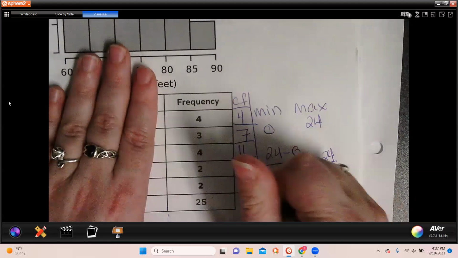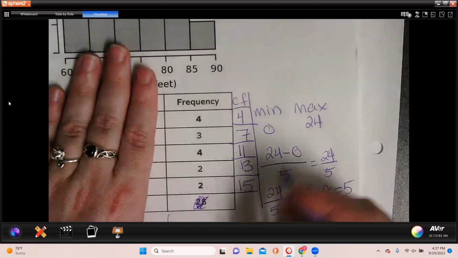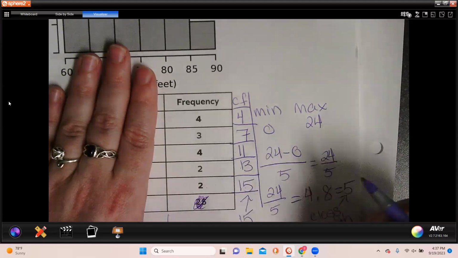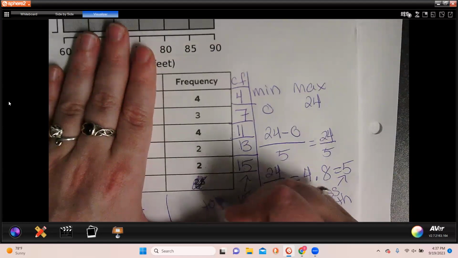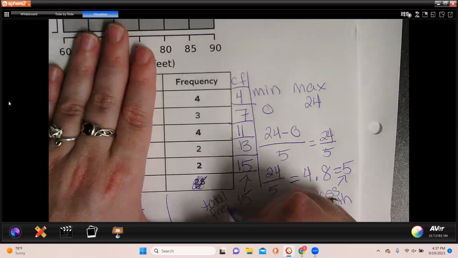Okay, so this makes 15. All right, so the total of this particular section is 15. This is the total frequency. You'll find that the last section of a cumulative frequency is the total frequency.